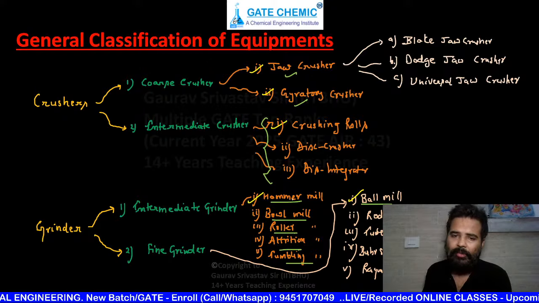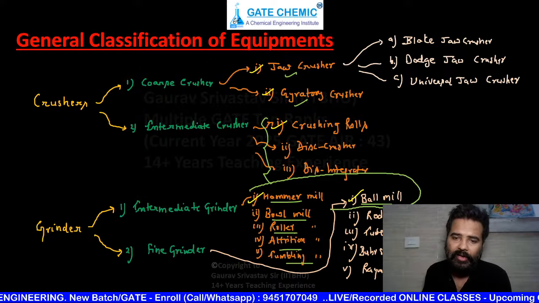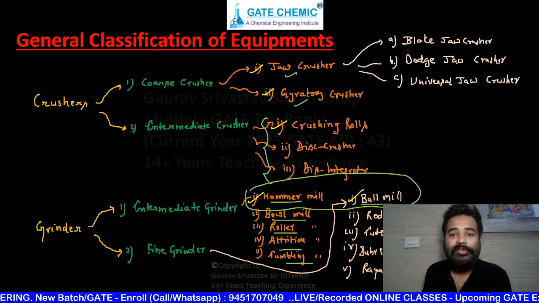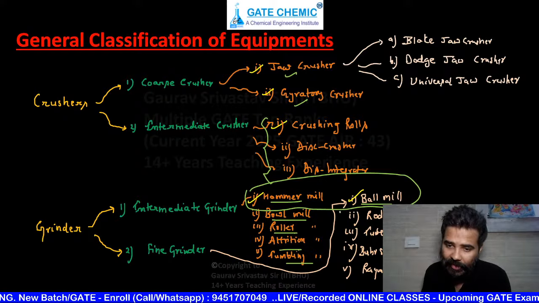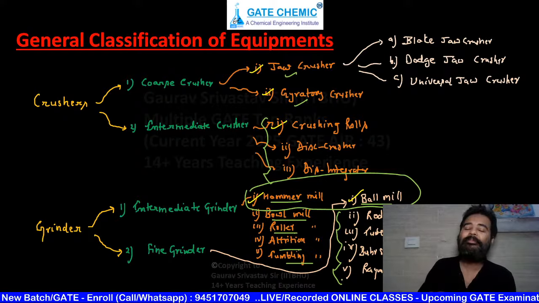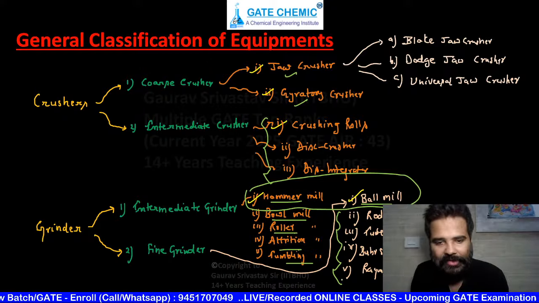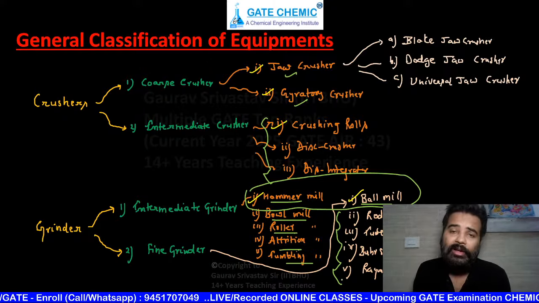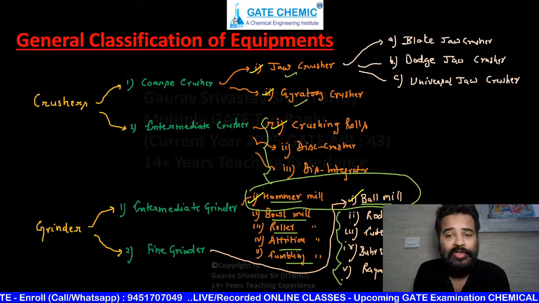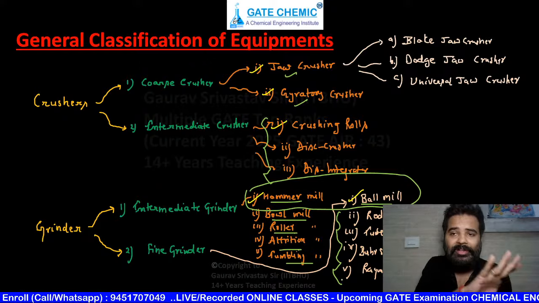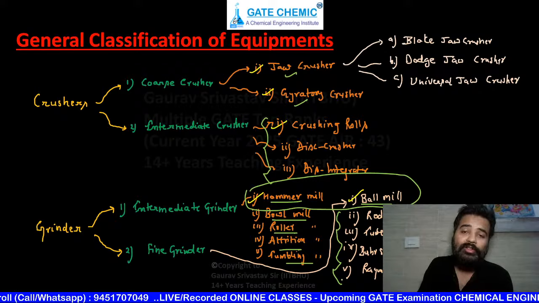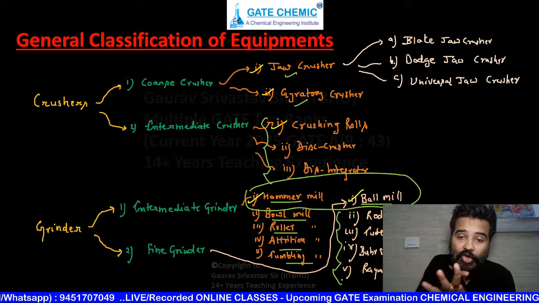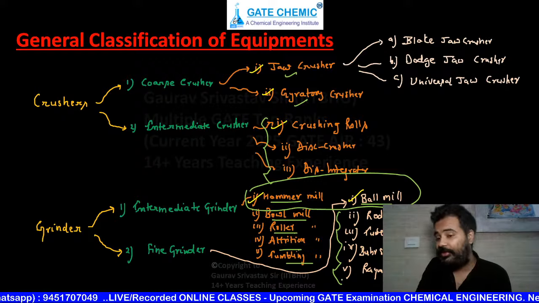These names are important if you are preparing for a PSU examination, then they can ask you. But in GATE examination, mostly they will ask you jaw crusher, gyratory crusher, crushing rolls, hammer mill, ball mill from this slide. So just focus on which equipment comes under the category of crusher and which equipment comes under the category of grinders. Is it crystal clear to all of you, beta?